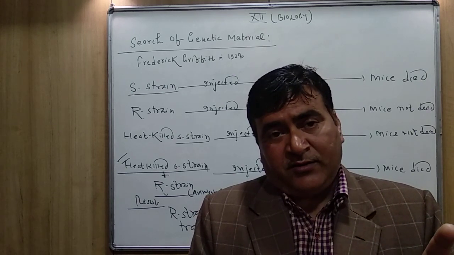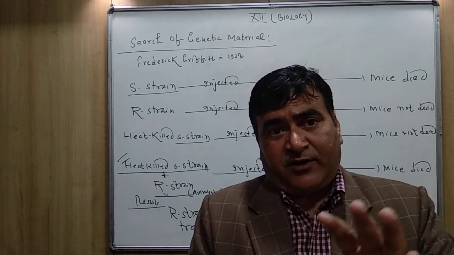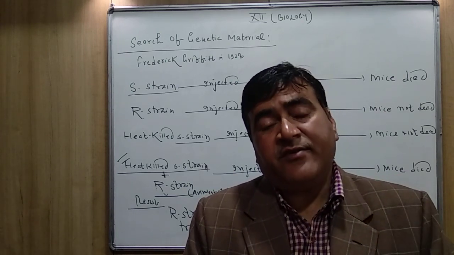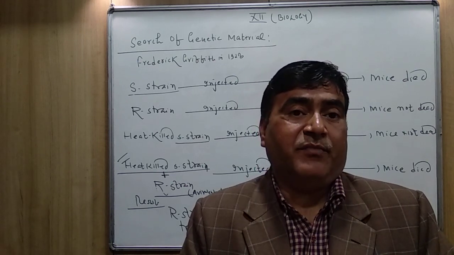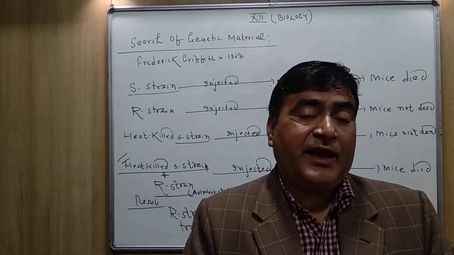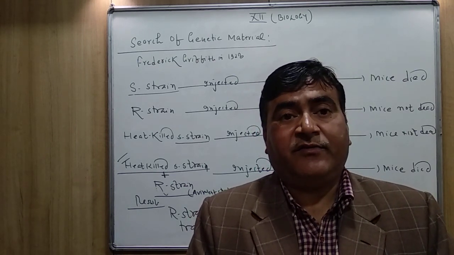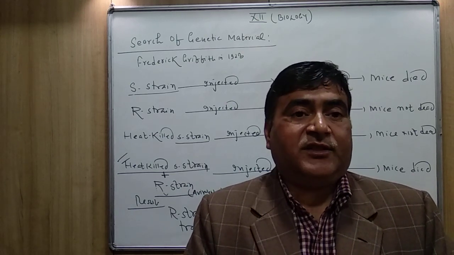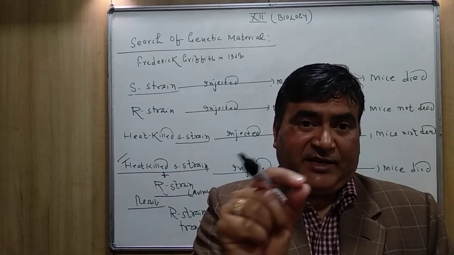The colonies that are very shiny look very fine because of the capsule made up of mucopolysaccharide present above the bacterial cell wall.